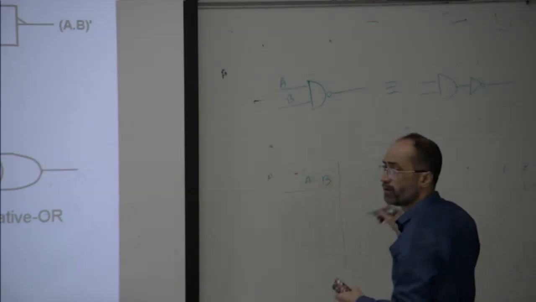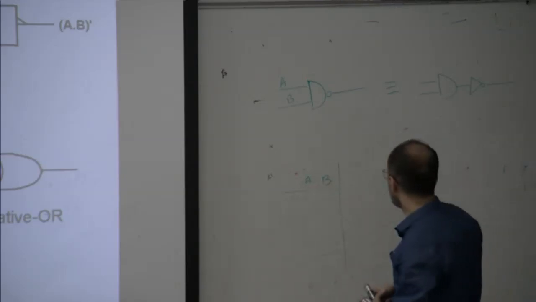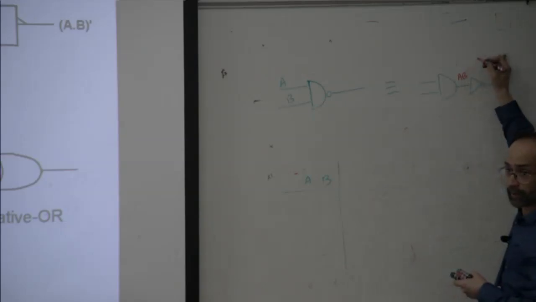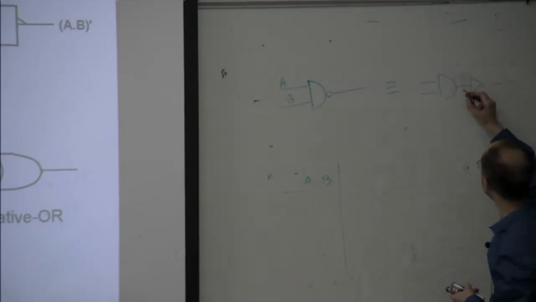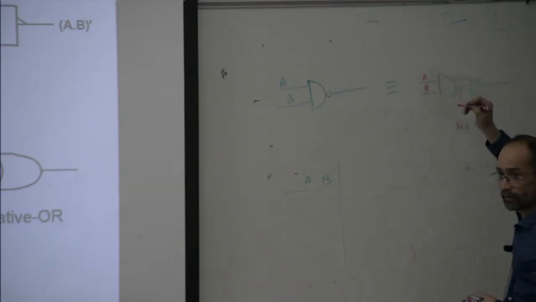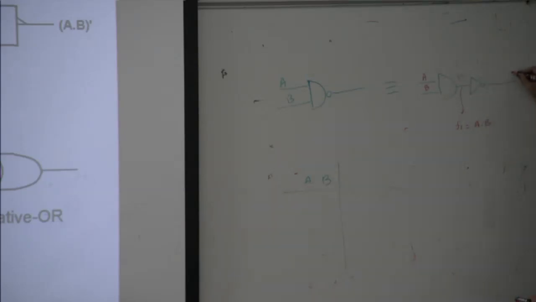How many possible combinations are there? 4. Now here it will be A, B. This one is F1. What is F1? F1 is equal to A dot B. And what about the inverter? What is F2? F2 is F1 bar, which is AB whole bar.